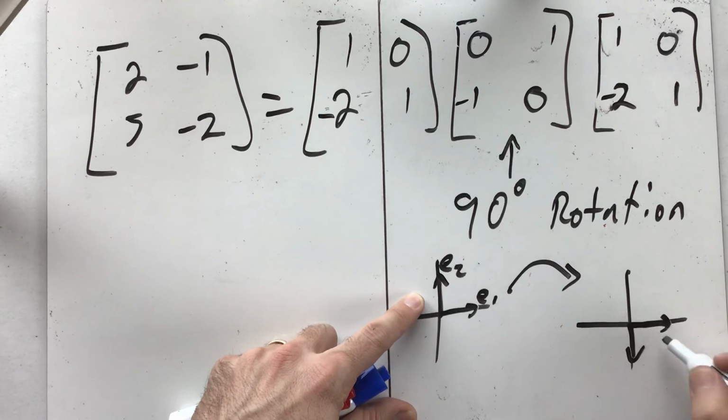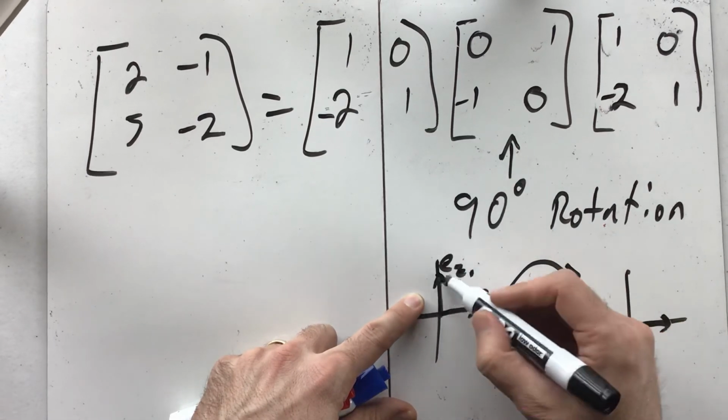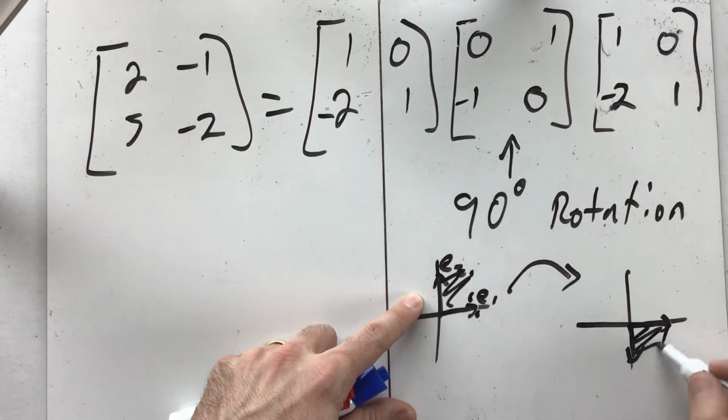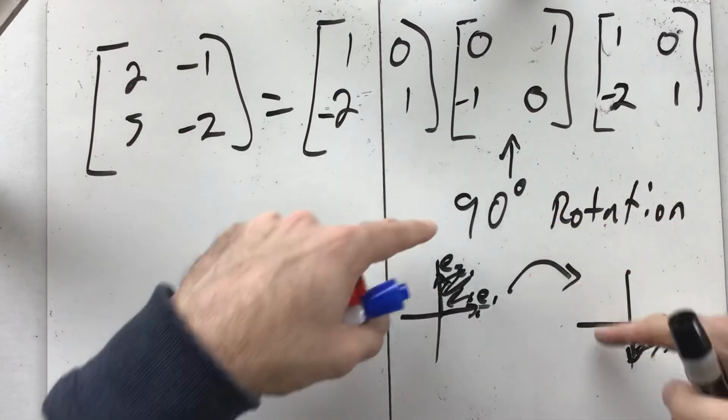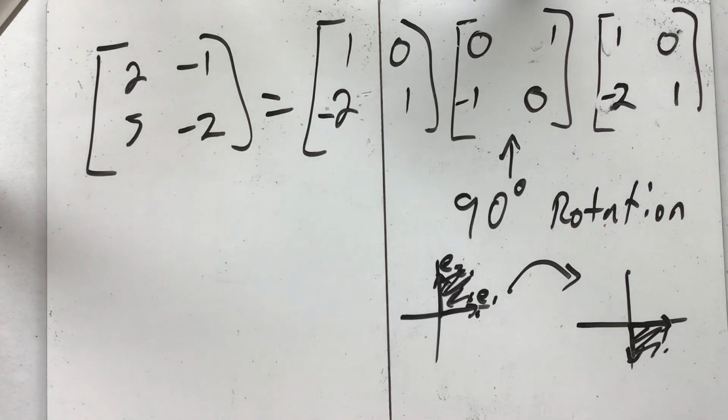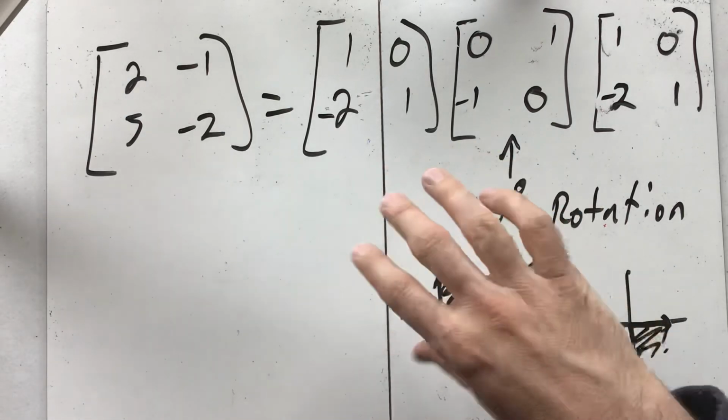So it is a 90-degree rotation. My box got moved to be that box, so my box got rotated 90 degrees, in this case clockwise. If I'd used the other one, it would have been a 90-degree rotation the other direction.